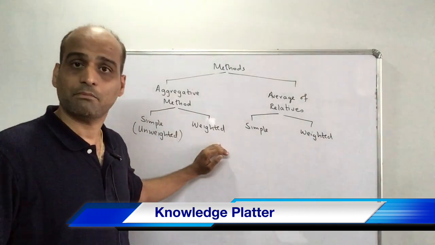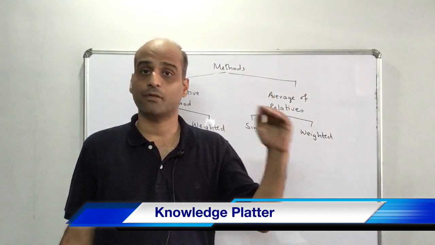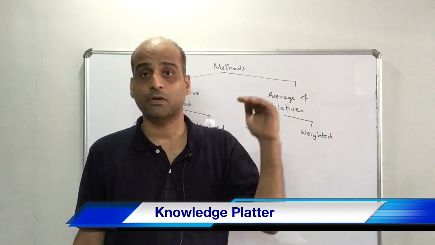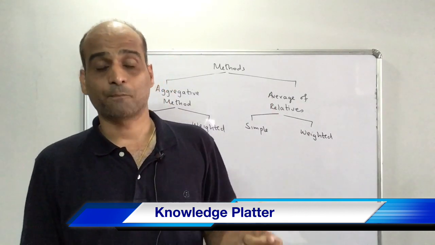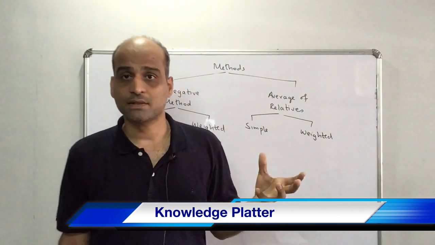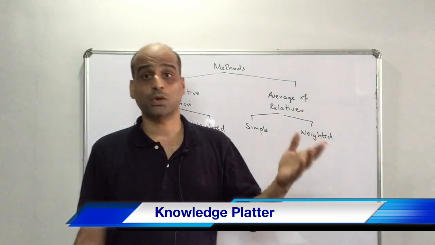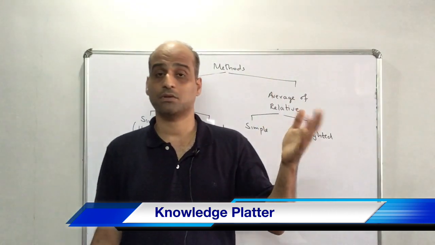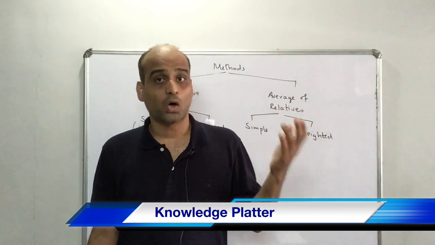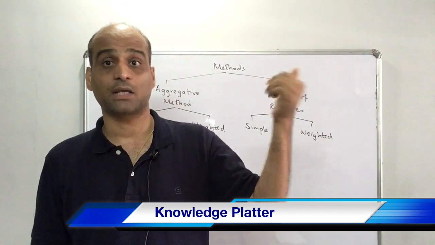Whereas under the weighted method, each commodity is given different importance, and to show the different importance we assign weights. Now the percentage of expenses on each commodity can also be used as weight. For example, food, clothing, shelter. If I say I spend 50%, 30% and 20% on each, obviously the highest percentage of spending is on food.